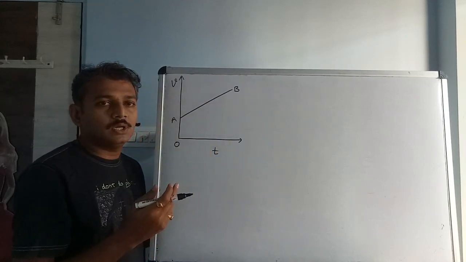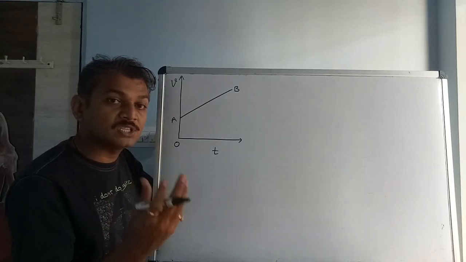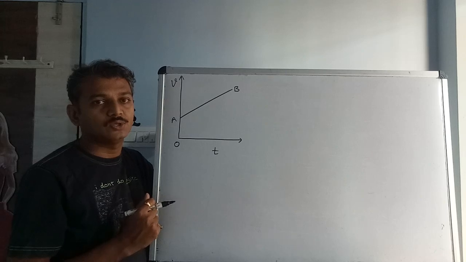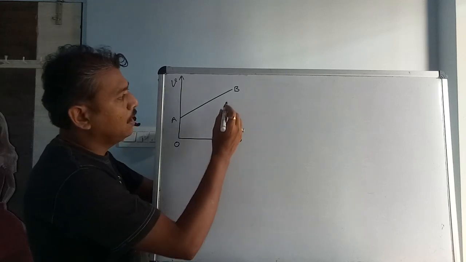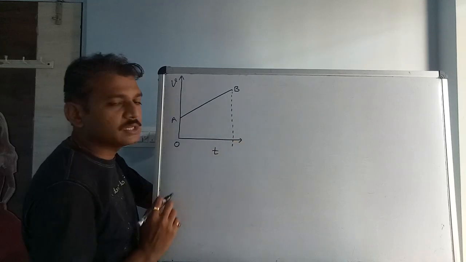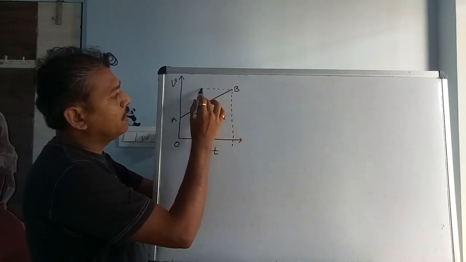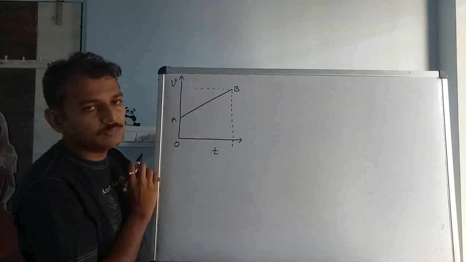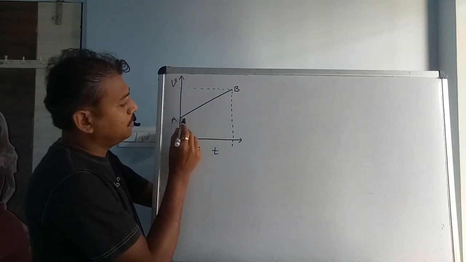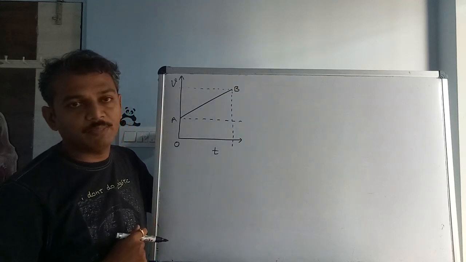To deduce the derivation of an equation, we need to do some construction in this. So the construction is, I am putting a perpendicular from B on x-axis as well as from B on y-axis, and from A a perpendicular on this axis which we have made.